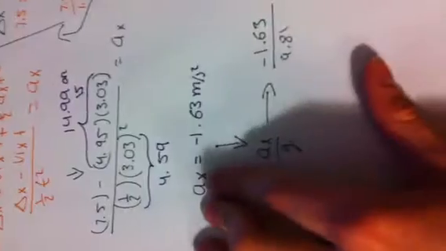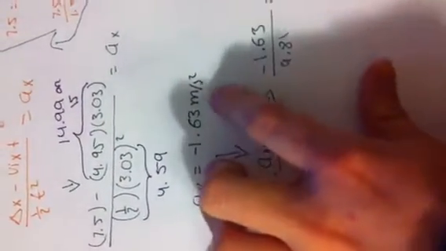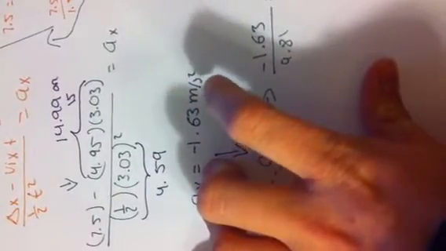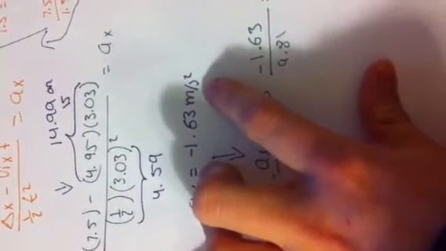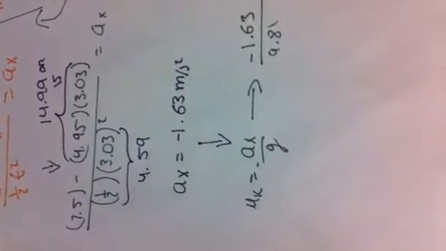Then I brought it over here to plug into my equation. I again simplified it to make it easier for myself to plug into a calculator. I got acceleration x equals negative 1.63 meters per second squared, although I think it should be positive here.